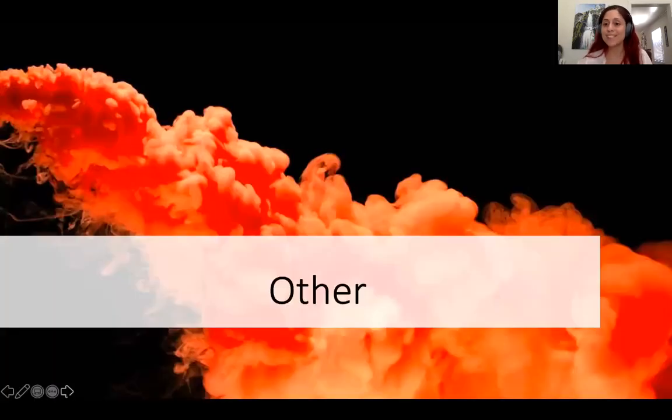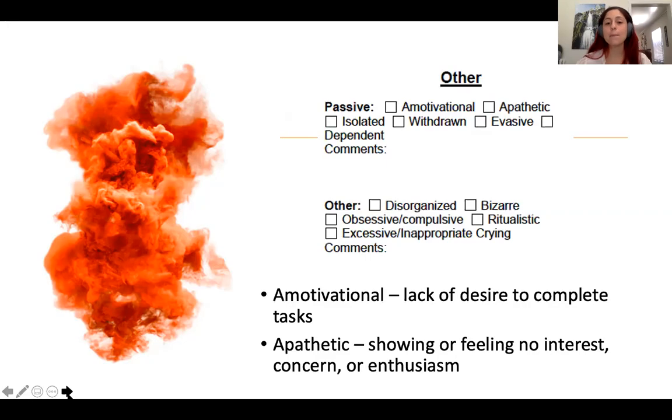Okay, other. This is the last section of the MSE, and these are just observed categories that you would only check off if relevant for this client. So if these things aren't relevant, this is one of the few places where you don't have to actually mark something off unless it is true for this client.